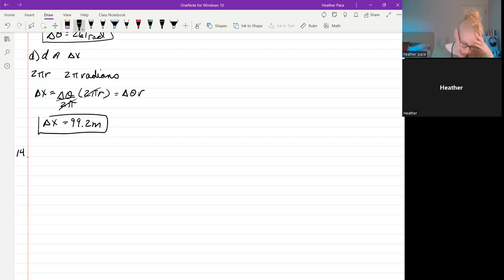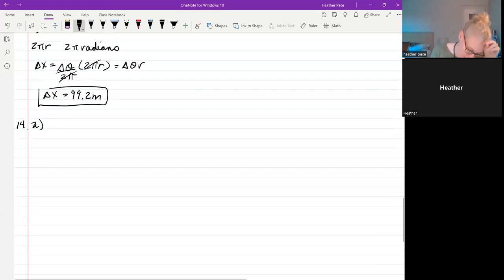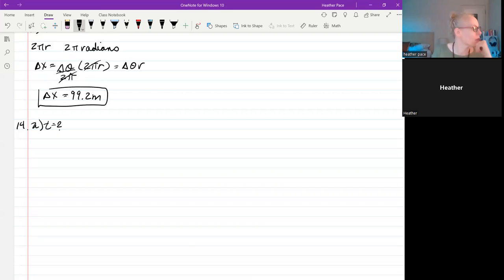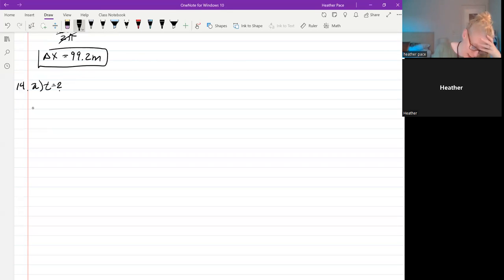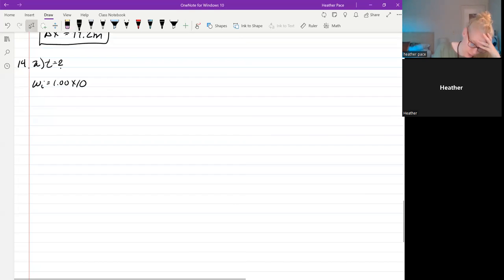Okay, so A, how long? We're looking for time, so T. We are given omega I equals 1.00 times 10 squared revolutions per minute.